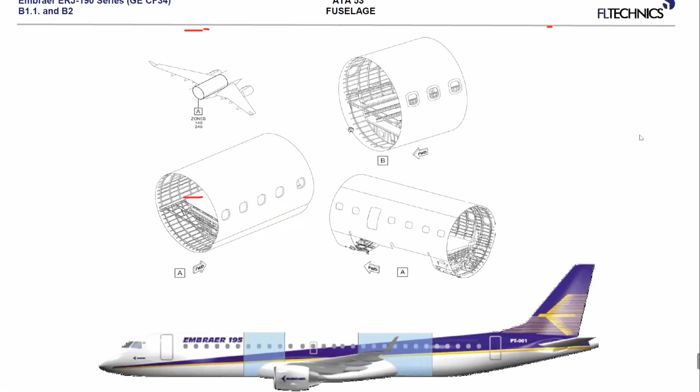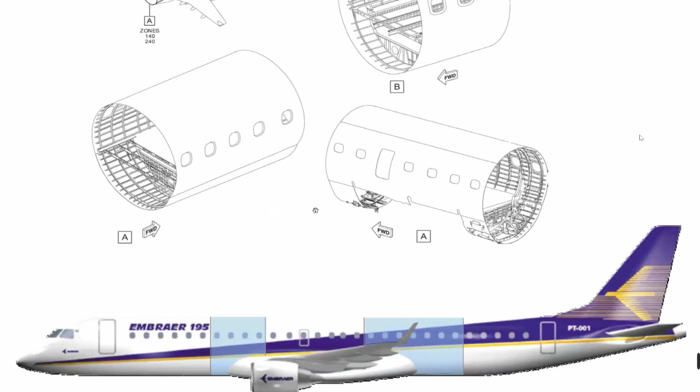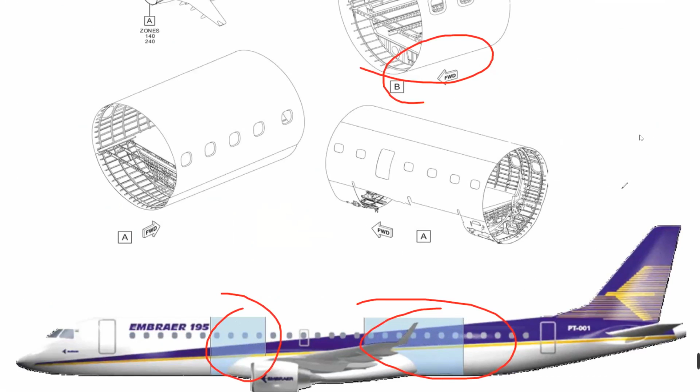And these different cutouts, like different plugs, are shown here. Just a second, okay? Here, B and A. Okay.